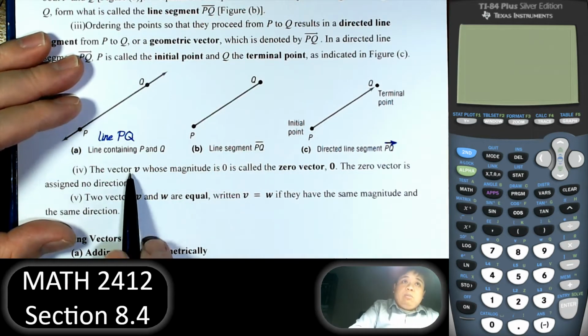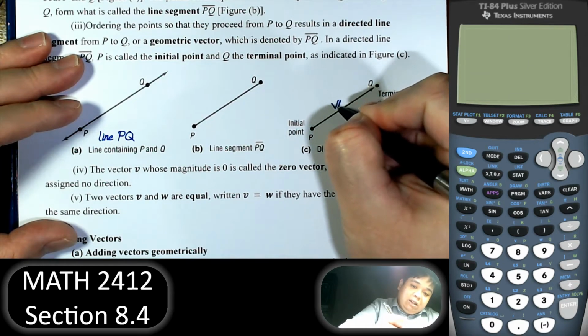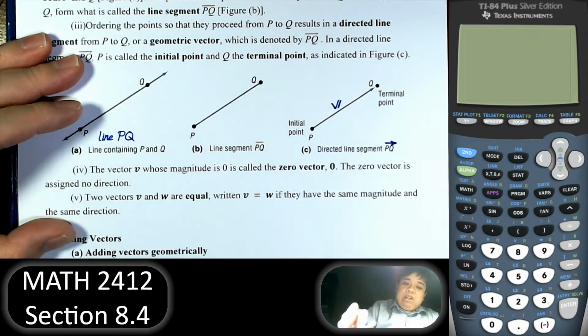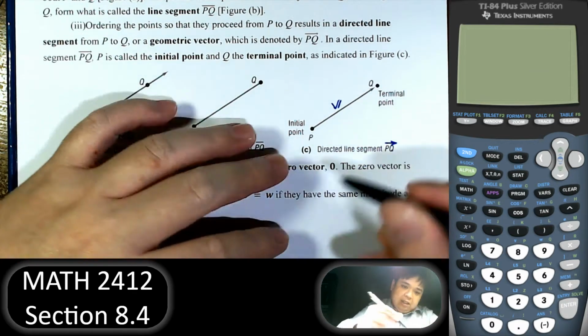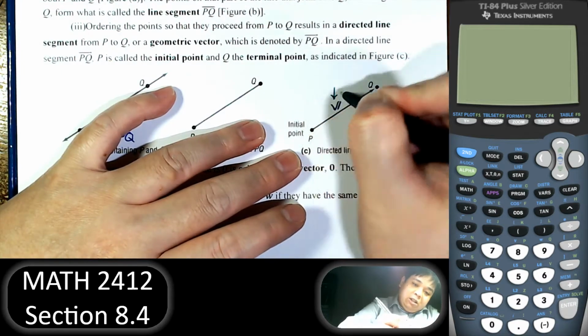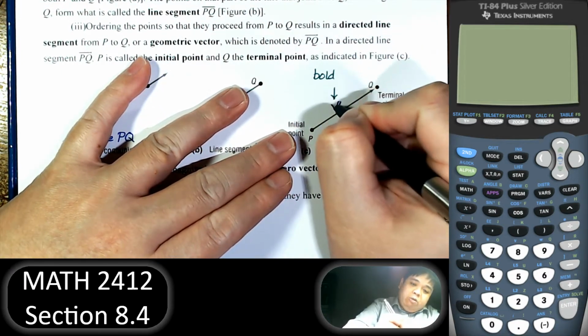If we cannot type the boldface, if we have to write it by hand, we will write the vector v with an arrow. This is the boldface v to distinguish between a vector v and a number v. This is the notation.